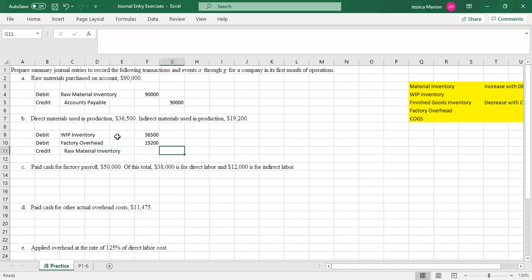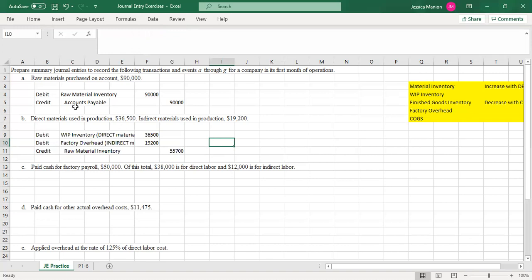So with that first journal entry, the credit equals the sum of these two, that's the total material we used, 55,700. And one thing I want to put in parentheses here: this is direct material. And then factory overhead, this is indirect material, right?